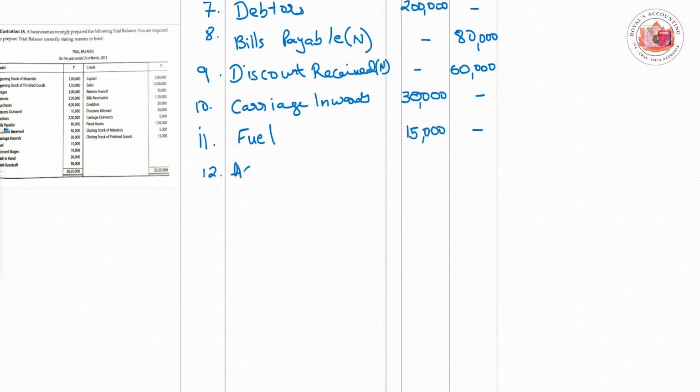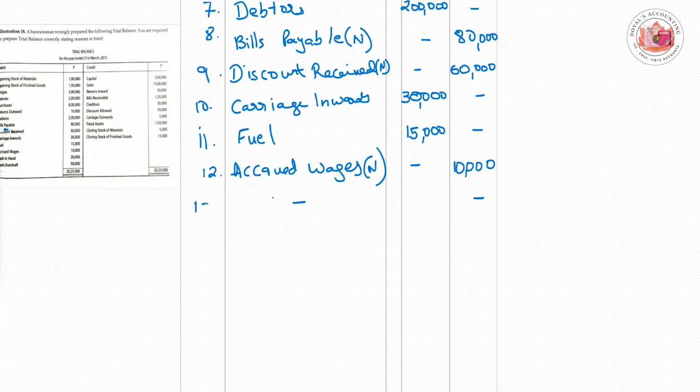Then we have accrued wages. What are accrued wages? Outstanding wages in a way. Accrued wages is also wrongly given a debit balance. It is a liability in nature. So we have to make it a credit balance. Accrued wages are those wages that the company has to pay but has not yet paid. So in nature it is a liability. Our businessman has wrongly recorded it in the debit side. It is a liability, so it will have a credit balance.